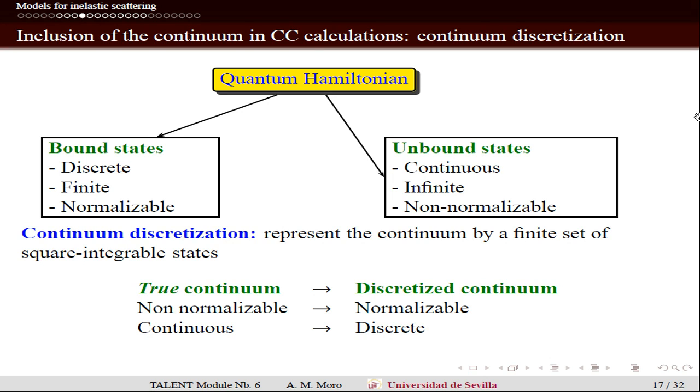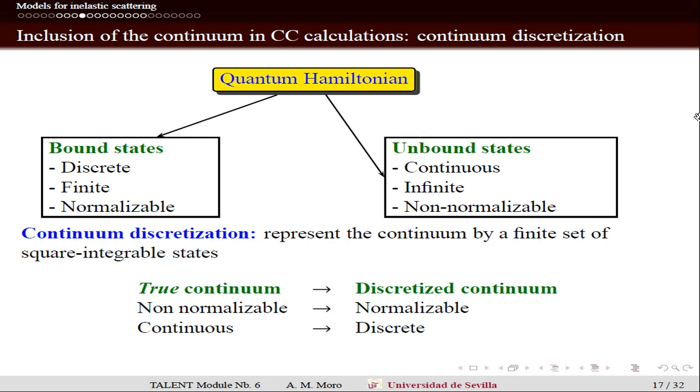In principle we could apply this coupled channels method. The problem is that for bound states we have a finite number of states that we can normalize, so we can calculate a wave function for each of them with one of the codes that we have been using. In this case, it would obviously be more difficult.